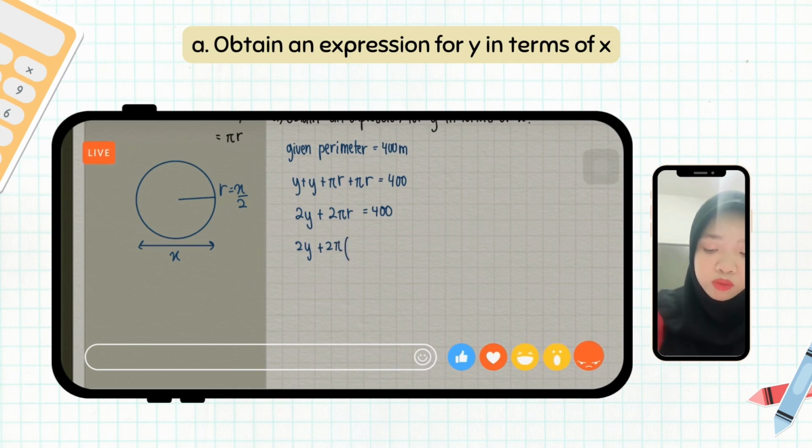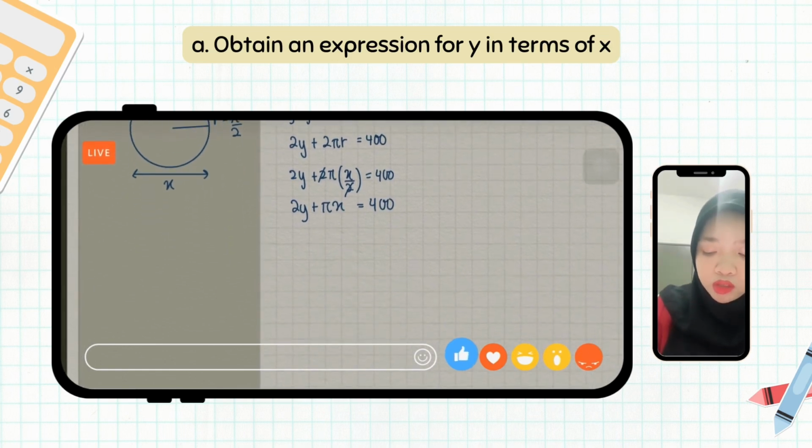We need to make it over 2, and then just write out the whole equation back and replace the r with x over 2 equals 400. After that, just cancel out the 2. We got 2y plus pi x equals 400.